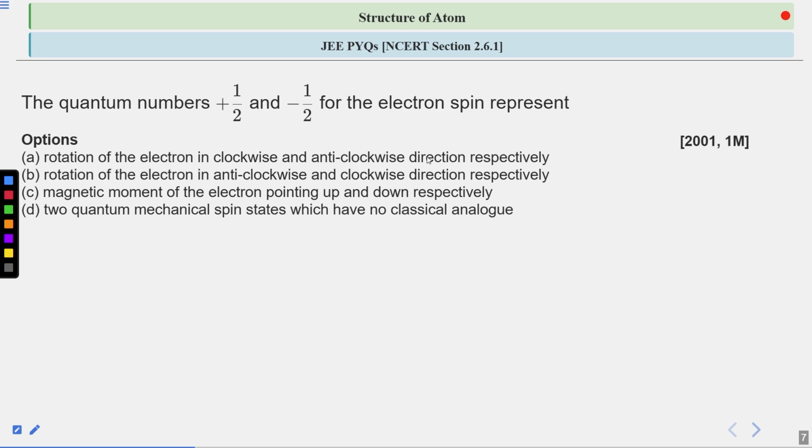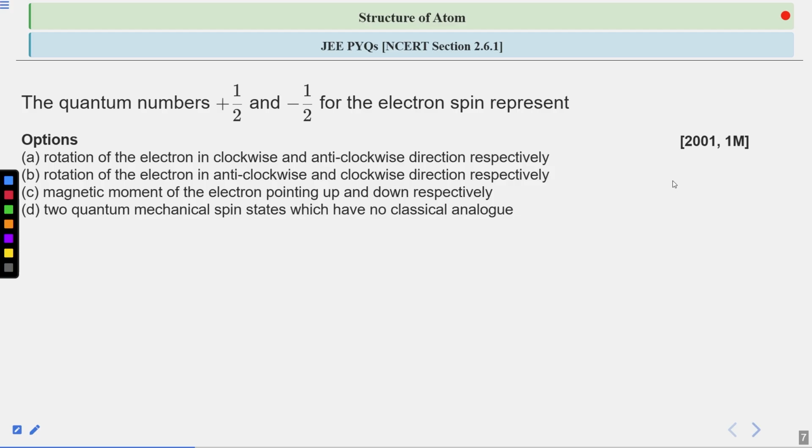The quantum numbers plus half and minus half for the electron spin represent, your options are: A, rotation of the electron in clockwise and anti-clockwise direction respectively; B, rotation of the electron in anti-clockwise and clockwise direction respectively; option C, magnetic movement of the electron pointing up and down respectively; option D, two quantum mechanical spin states have no classical analog.